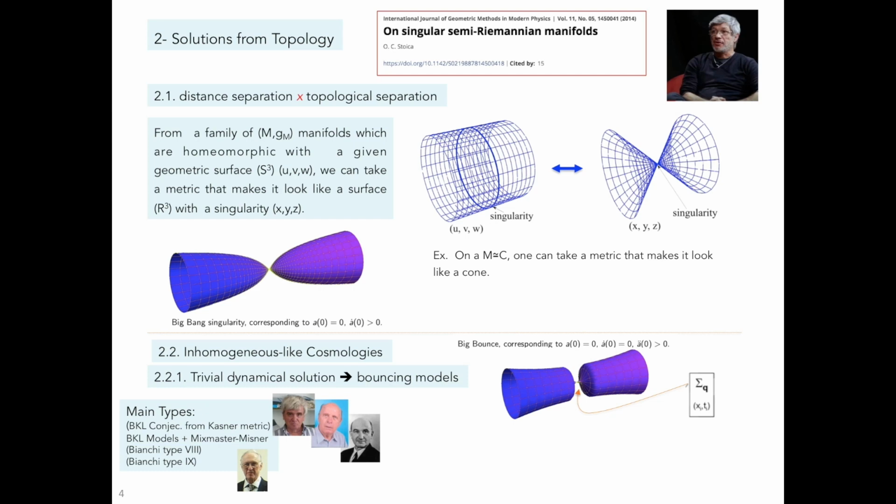These models, including the mixmaster introduced by Charles Misner, are based on 3D Lie algebras classified according to the Bianchi type. The main types are type 8 and type 9. Type 9 is the orthogonal group, as you know.